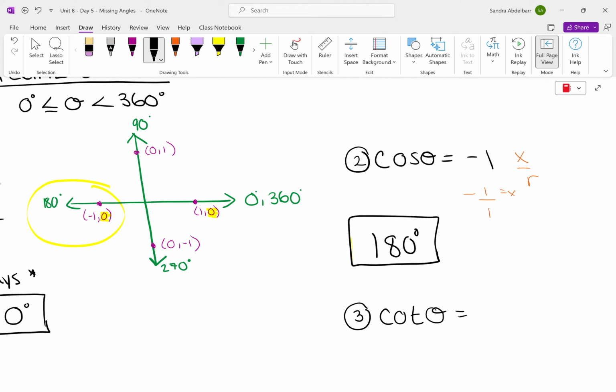Give you one more. We'll say the cotangent of theta equals 0.